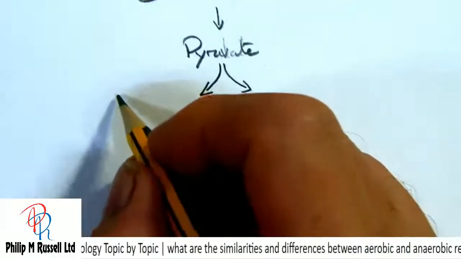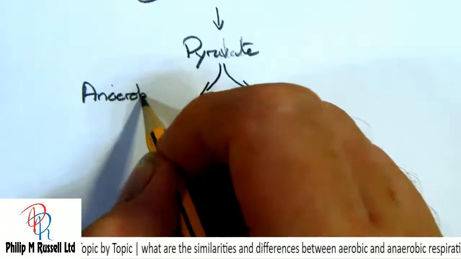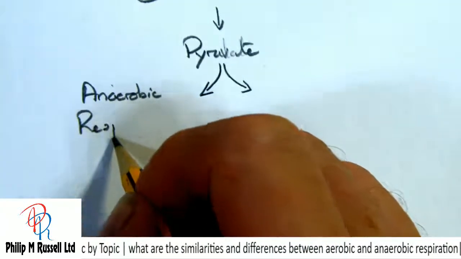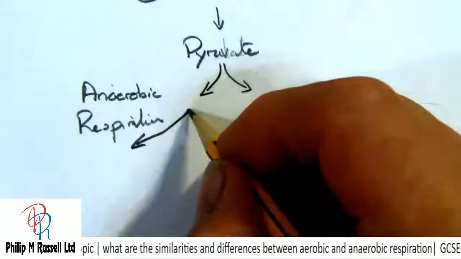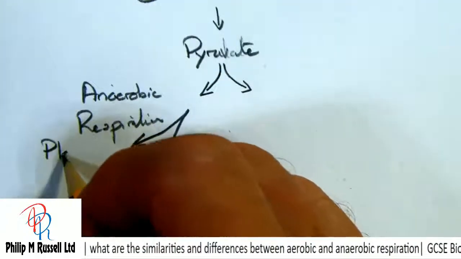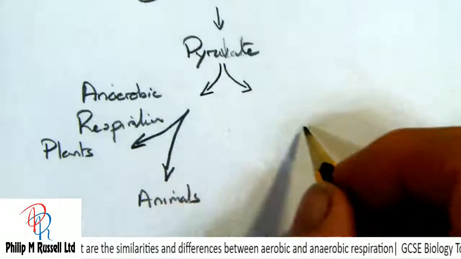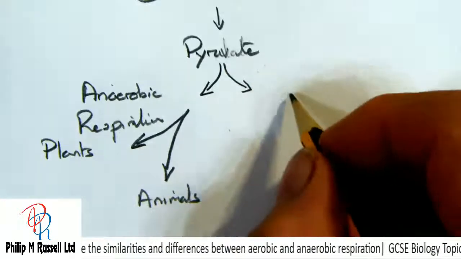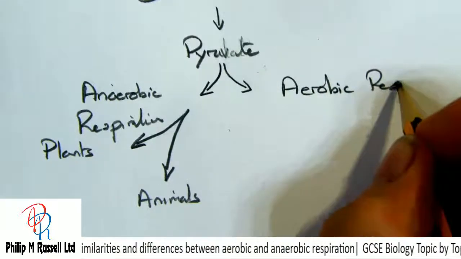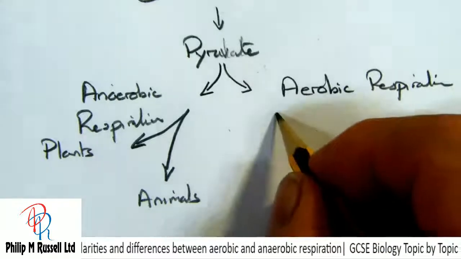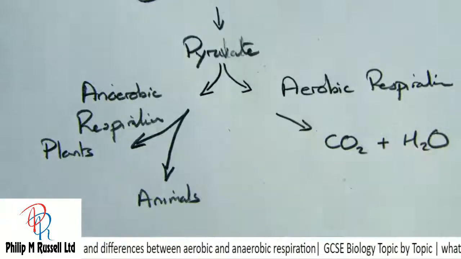We can either take it through what we'll call anaerobic respiration, and this is done differently in plants and in animals, or we just go down and we do aerobic respiration, where this is basically broken down into carbon dioxide and water.